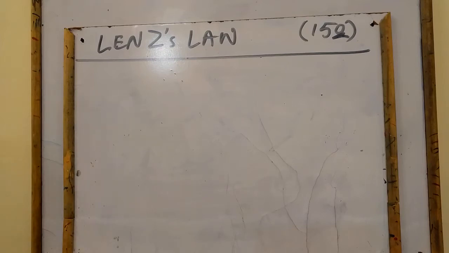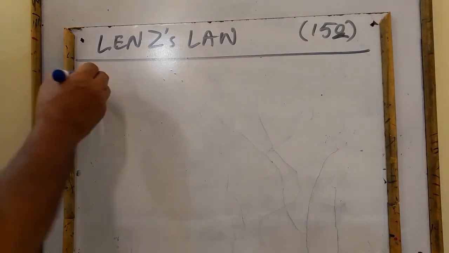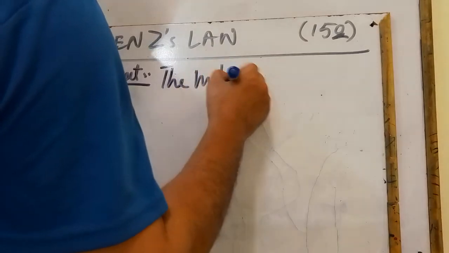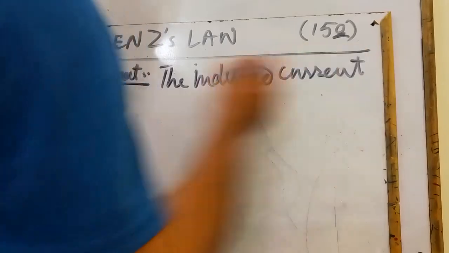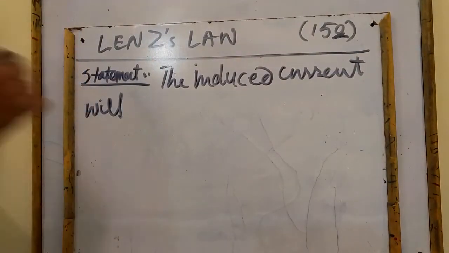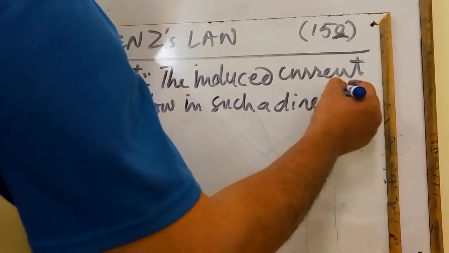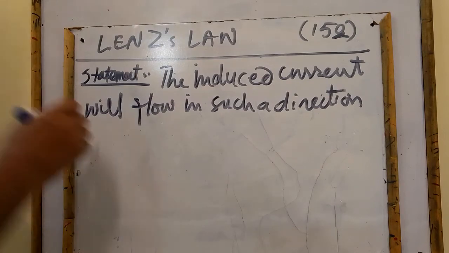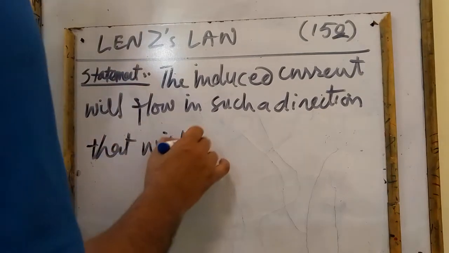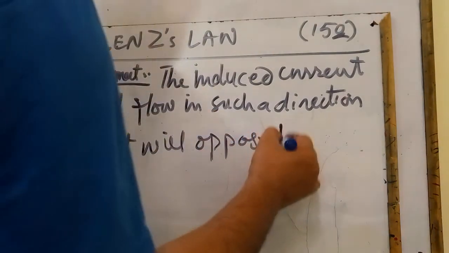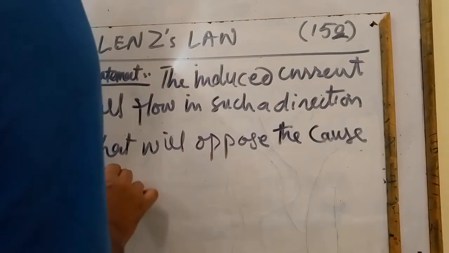To find the direction of the induced current, German scientist Lenz proposed the statement of the law: the induced current will flow in such a direction that will oppose the cause that produces it.